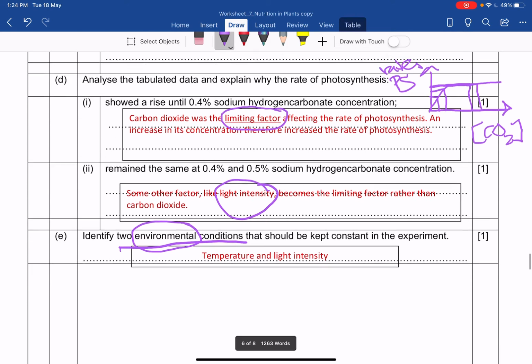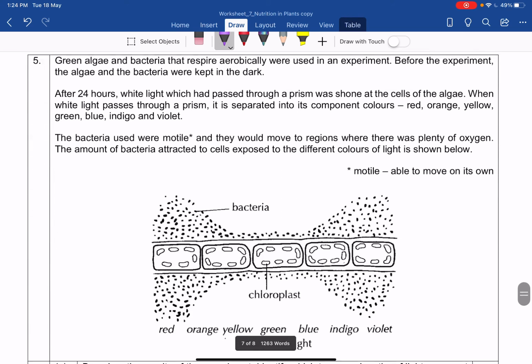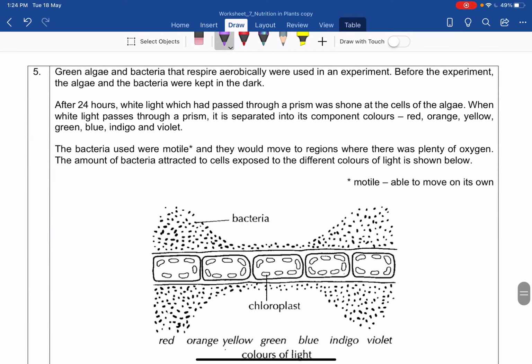Now with that, let's take a look at the last question. For this last question, you have to understand the nature of bacteria. A lot of information is given in the question which you are expected to read very carefully. Algae and bacteria respire aerobically, meaning that normally in the dark, they will take in oxygen and give out carbon dioxide gas.